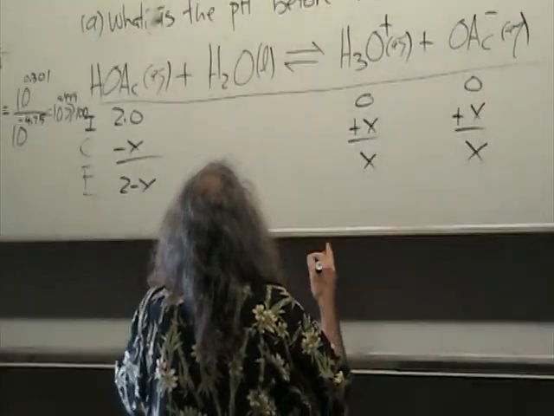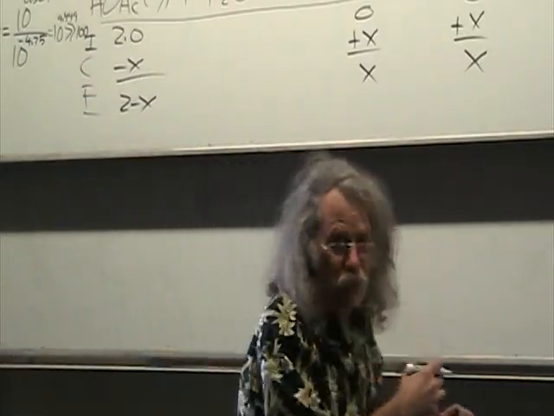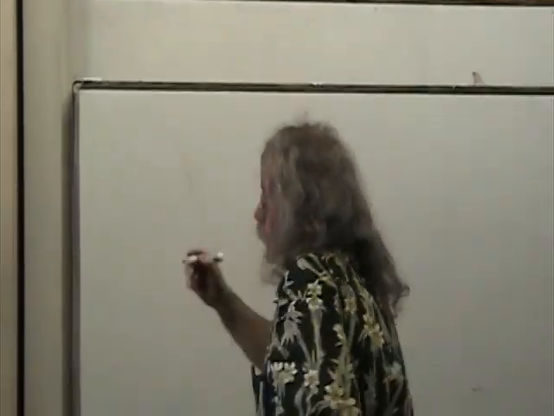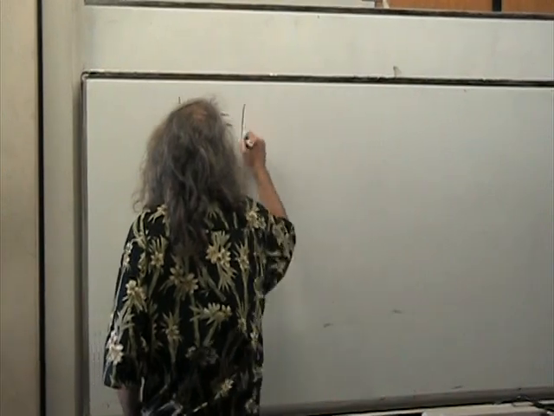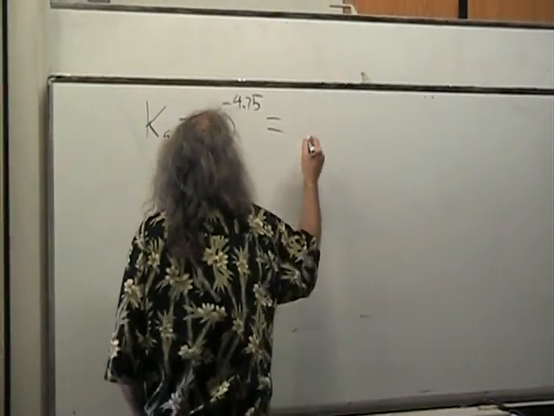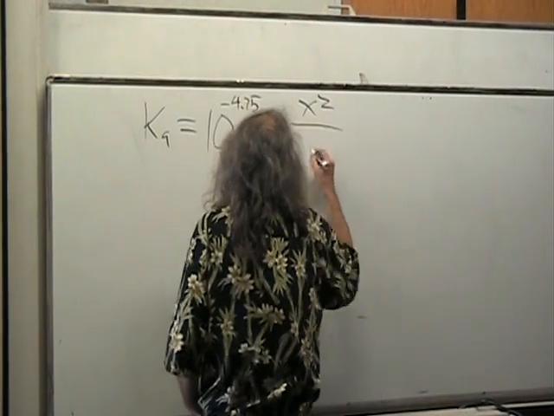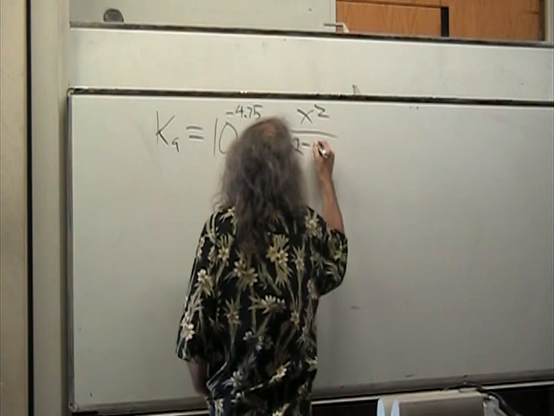We should probably go over this board. And so that means that Ka, which is equal to 10 to the minus 4.75, is equal to x squared over 2 minus x.